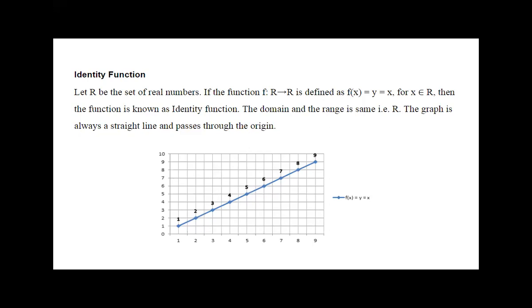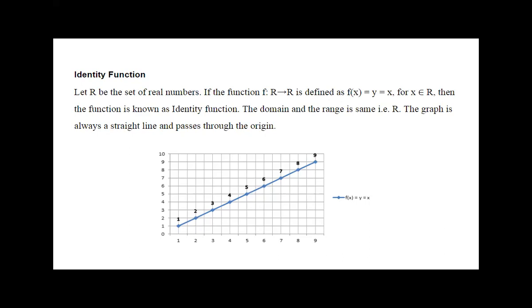Okay, x belongs to R. R is the set of real numbers. Then the function is known as identity function. The domain and the range is same, that is R. The graph is always a straight line and passes through the origin.